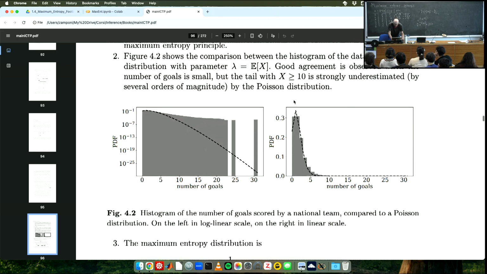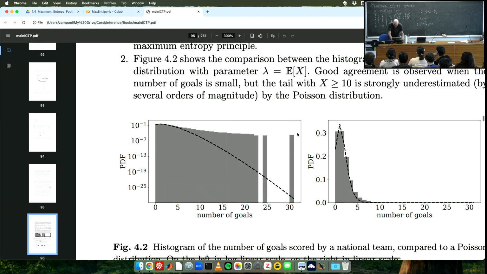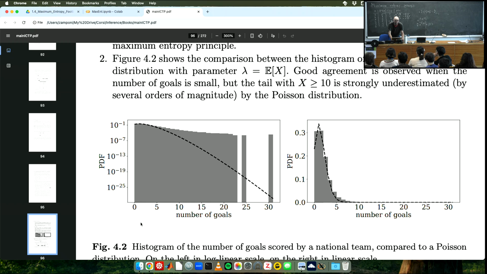This is the histogram of the number of goals that a team can score in one of these matches. And this is in log, the y-axis is in log. And this is a Poisson distribution. Okay, so you could say, maybe it's a Poisson distribution. I just fix the mean. So I compute the mean, and from the mean I can estimate the Poisson distribution, and this is the black line.